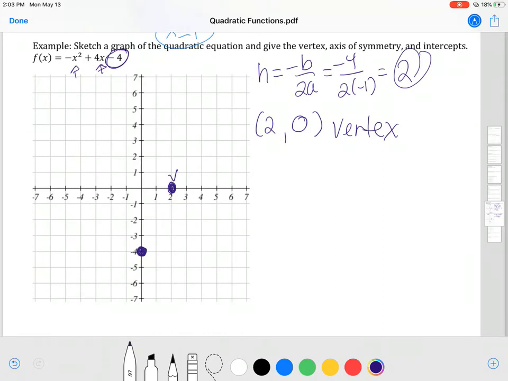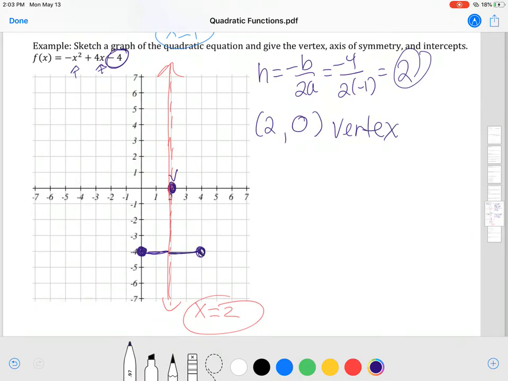Now, I know that my axis of symmetry goes through my vertex. It's a vertical line that goes through my vertex. So my axis of symmetry is going to be x is equal to 2 here. And that will help me find another point on the graph so I can finish graphing this. From here to here is a distance of 2, so I know here to here is a distance of 2.